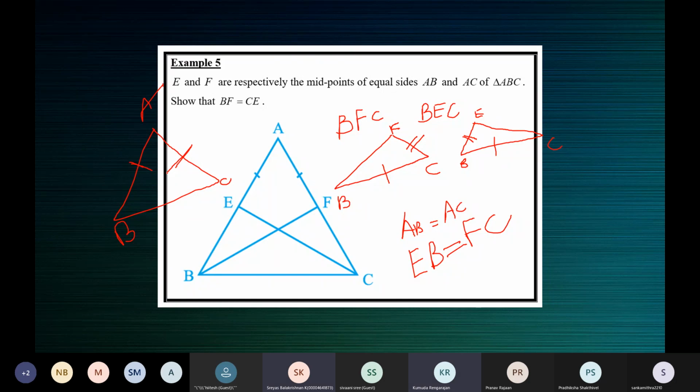In an isosceles triangle, two sides are equal, then we have proved two angles are equal. Which two angles? The angles opposite to the equal sides are also equal.